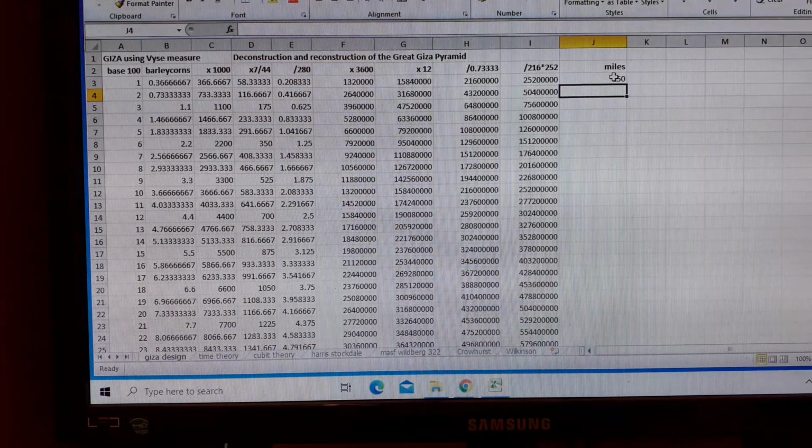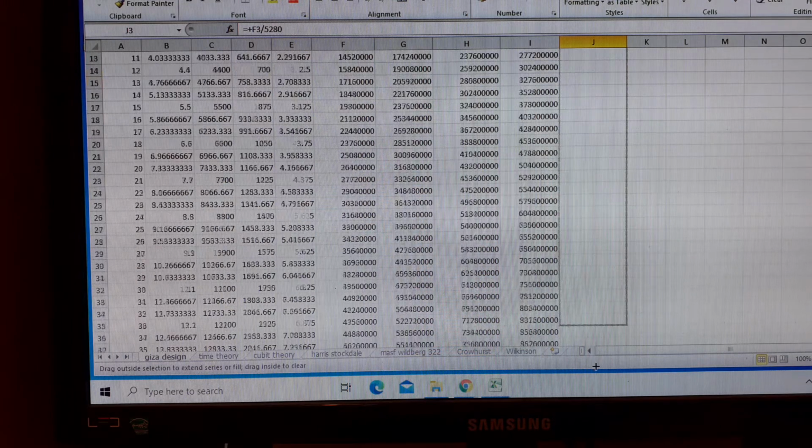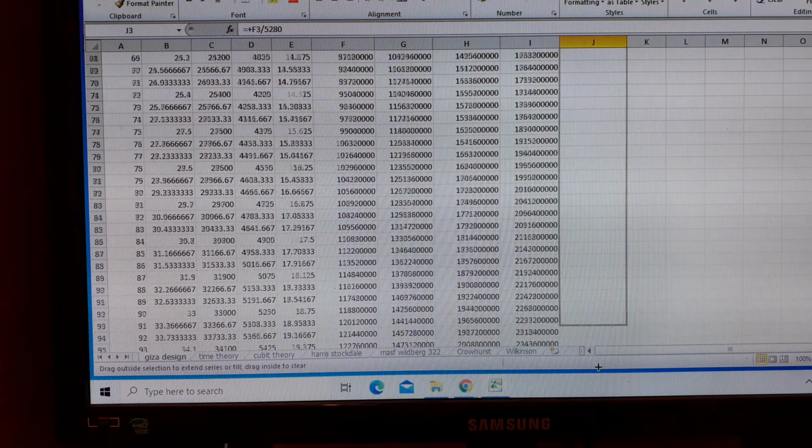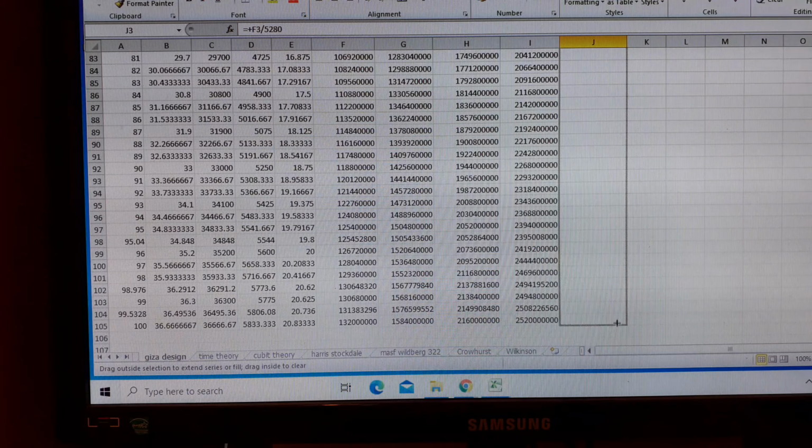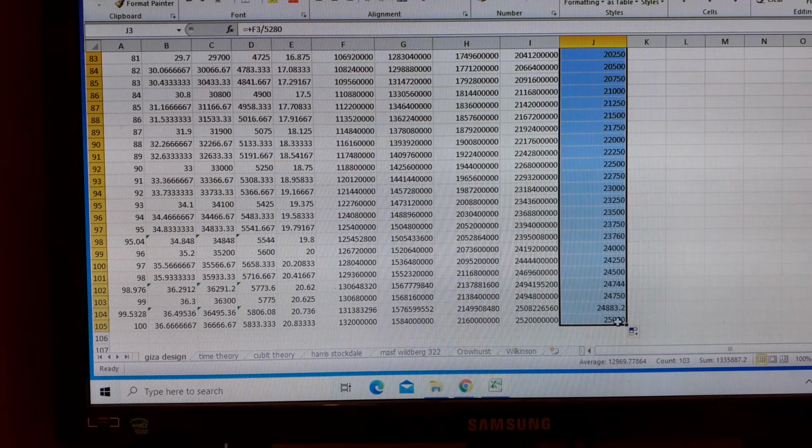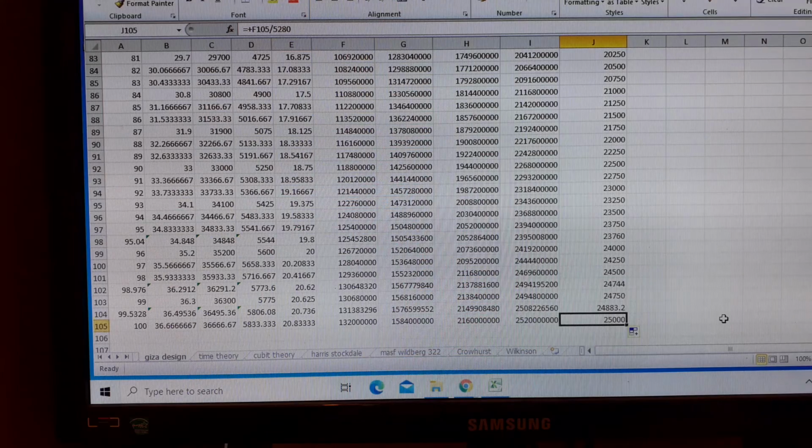So that represents 250 miles. We go down to the Giza base and we get 25,000 miles as the circumference of the Earth.